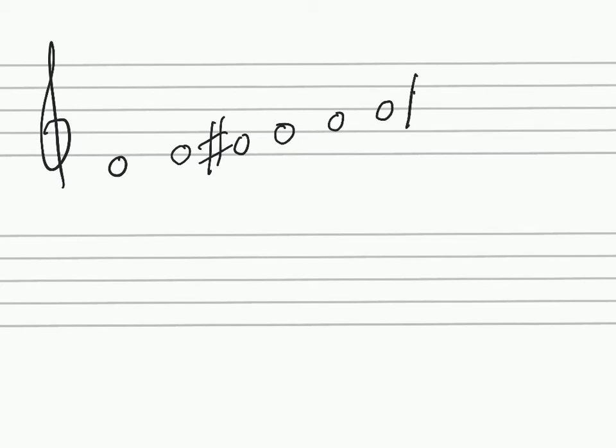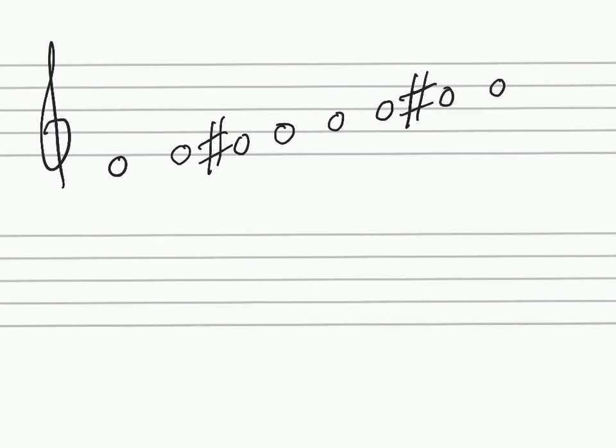Okay, so let's try writing this scale on D. So whole step, so from E, a whole step is not F but F sharp. Half step, whole, whole. I need a whole step here, so it's not just C but C sharp.